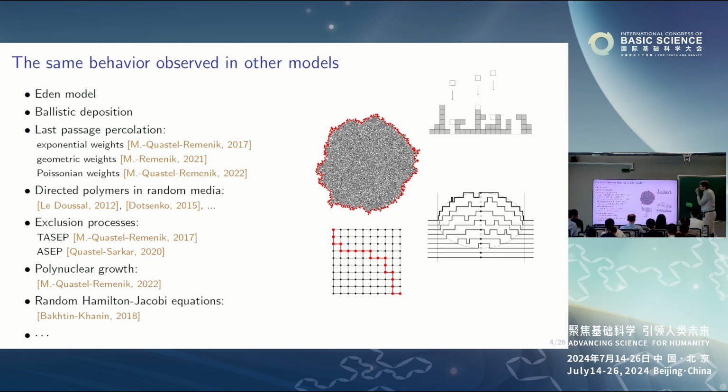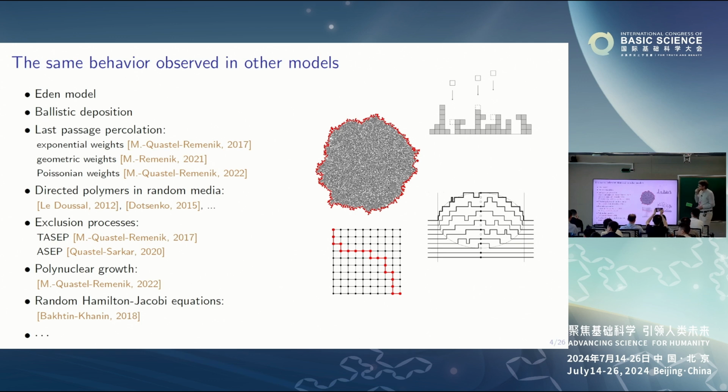Similar behavior was observed in other models describing random growing interfaces. Among them are well-known models like ballistic deposition. Here is the picture. In these models, blocks fall down randomly from the sky, and they get attached to each other, so after some time we obtain some growing interface.